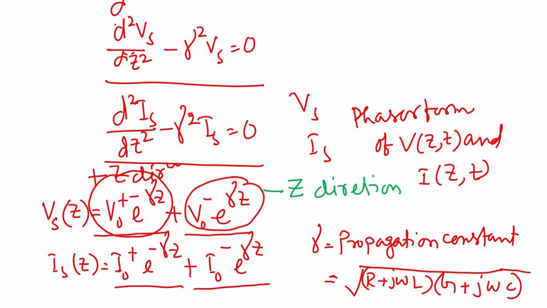Similarly, in the current expression the first term represents a plus z directed wave, and the second term a minus z directed wave. So this is the solution of these two differential equations.